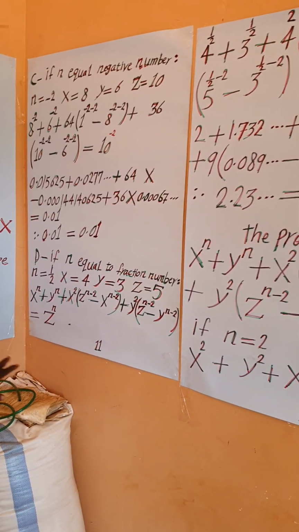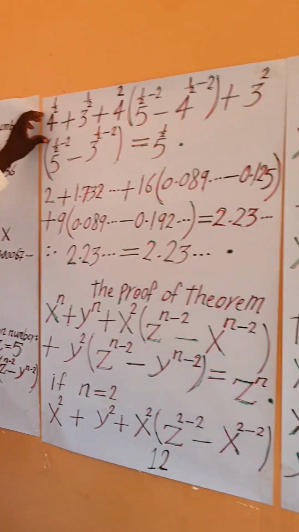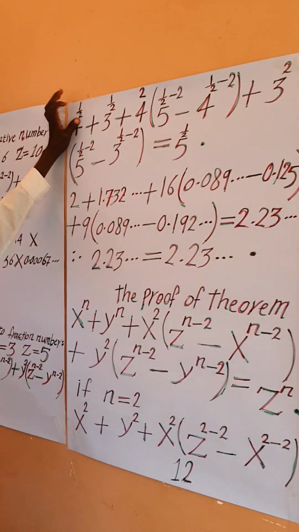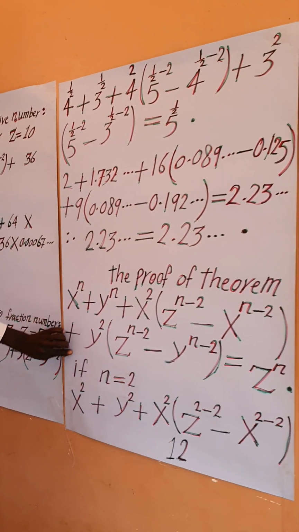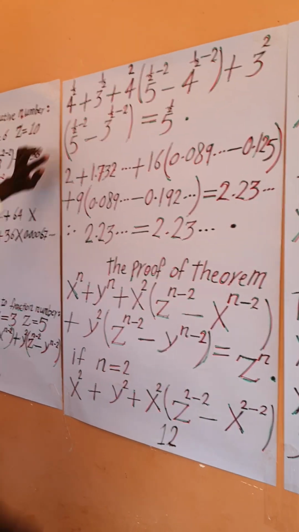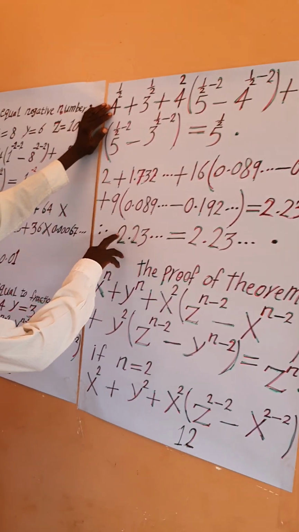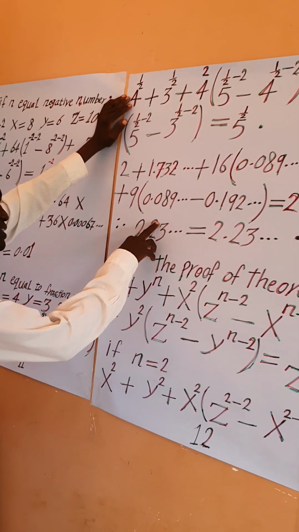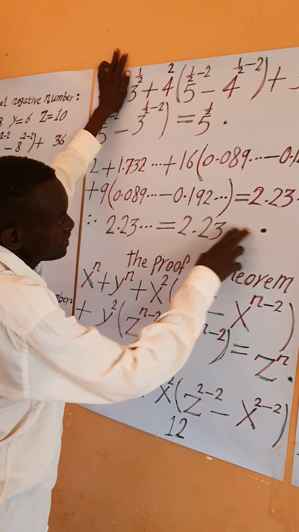This is good. If we take exponent equal half, in the last we get this equation, 2.23.